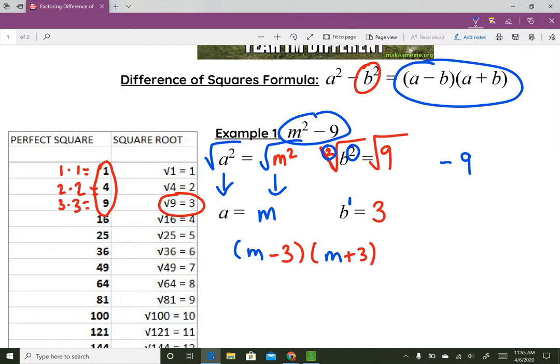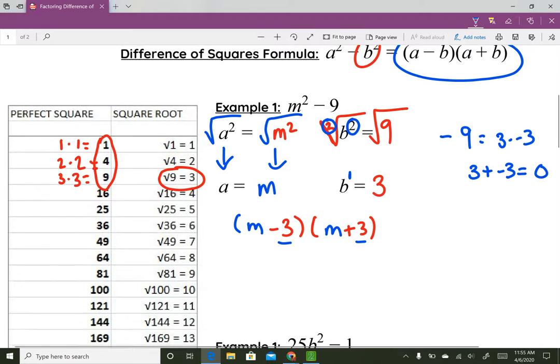How do we get negative 9? 3 times negative 3. What is 3 plus negative 3? It's 0, so my middle term, I don't have one. What multiplies to negative 9 and adds to 0? That's another way to think about it.